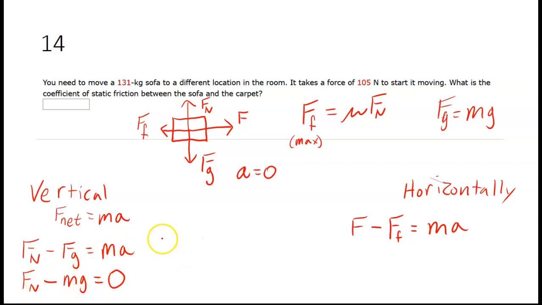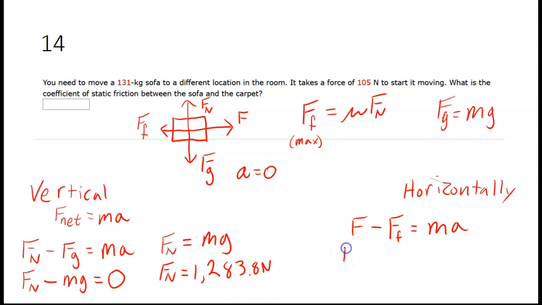That means in this case, because there is no vertical acceleration, and really anytime we're on a surface, there's not going to be any acceleration in the perpendicular direction, normal force is equal to mg. Normal force is equal to 1,283.8 newtons.